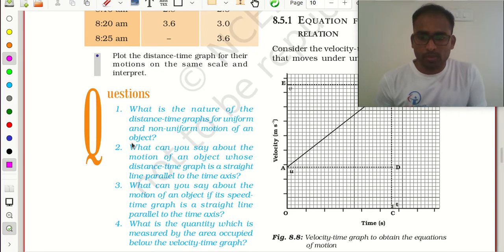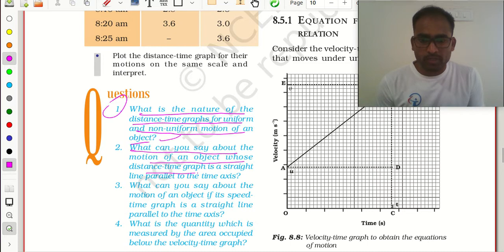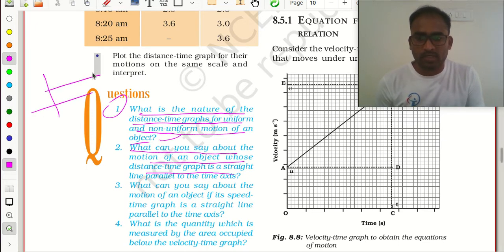Okay. So we understood here the nature of the distance time graphs for uniform and non-uniform motion of an object. We got to know what uniform and non-uniform motion are, and how the distance and time graph will vary. And what can you say about the motion of an object whose distance time graph is straight? If the distance and time graph is straight, this one.